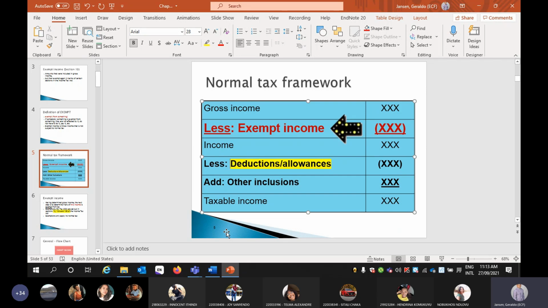A deduction, that is something that you can deduct, but it doesn't necessarily have to be included in gross income. Let me give you an example. Retirement annuities. When you make payments to retirement annuities, remember that's not gross income.